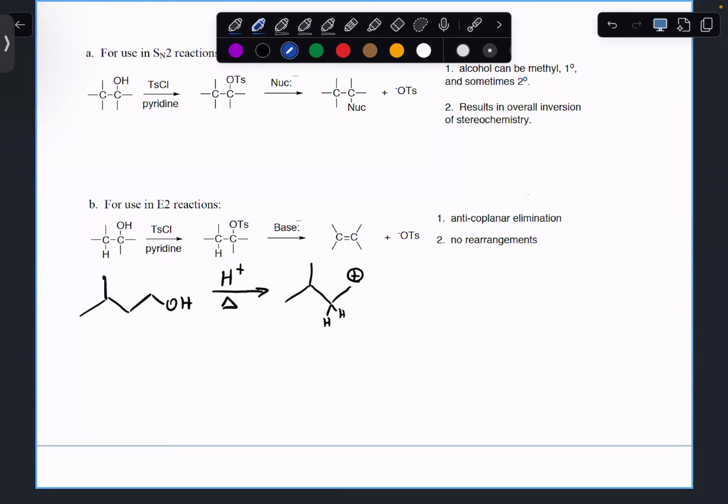Yeah, this could get to a better carbocation if we did a hydride shift. And so after deprotonation, your major product is that.